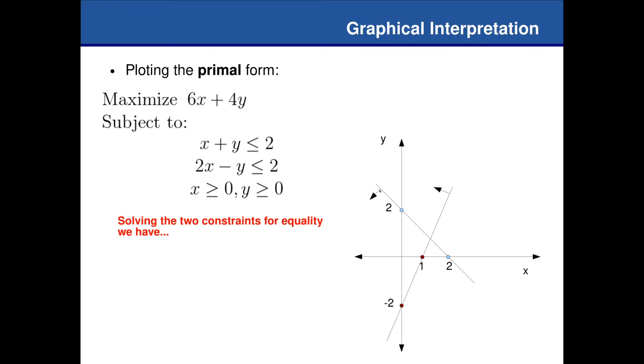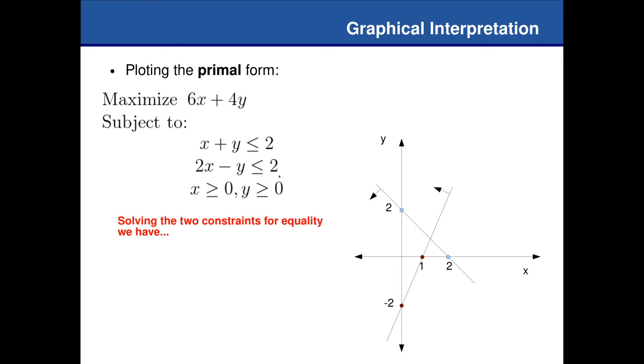It's easy to notice that my solution must satisfy it, as shown by this illustrative vector. This basically means that my solution is on this side of my first constraint.